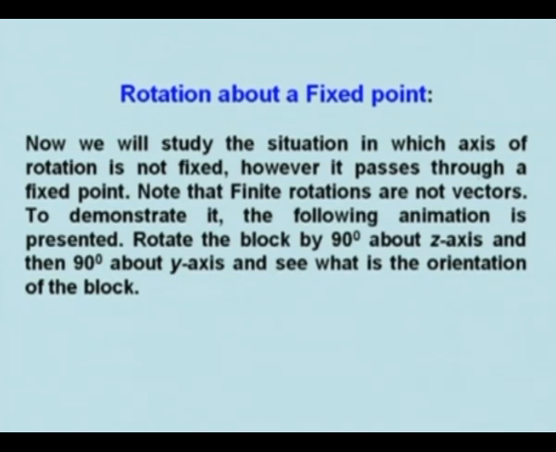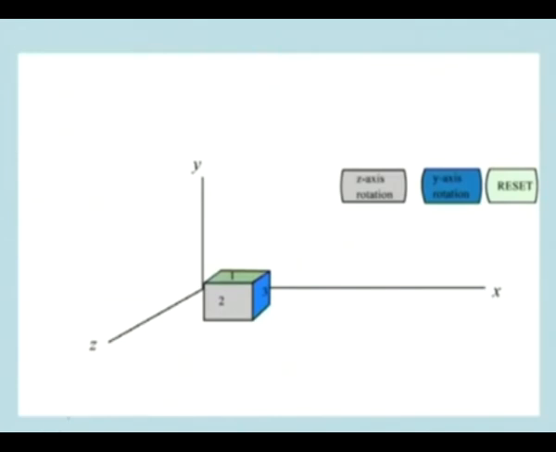We present the animation. Here you rotate the block by 90 degrees about the z axis first, and then 90 degrees about the y axis, and see what the orientation of the block is. This is a cube, and different faces have been shown by different colors.